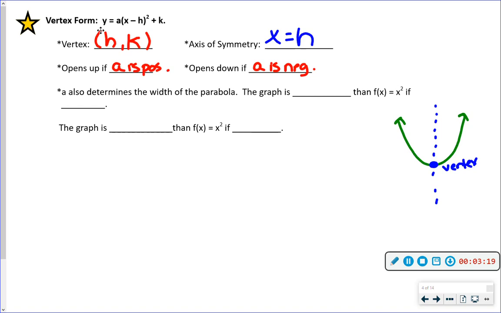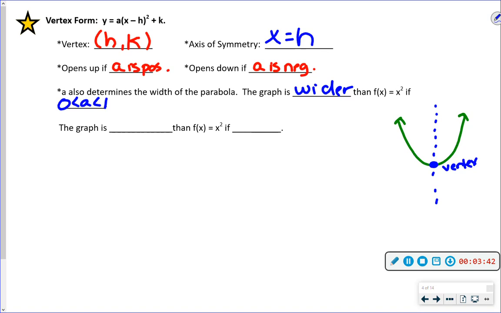Okay, other things that are important about your parabola, the width. Again, back to last chapter, whether you have a vertical stretch or a vertical shrink, that affects your width. So a also determines the width of the parabola. So let's say the graph is wider. It widens out if 0 is less than a is less than 1.